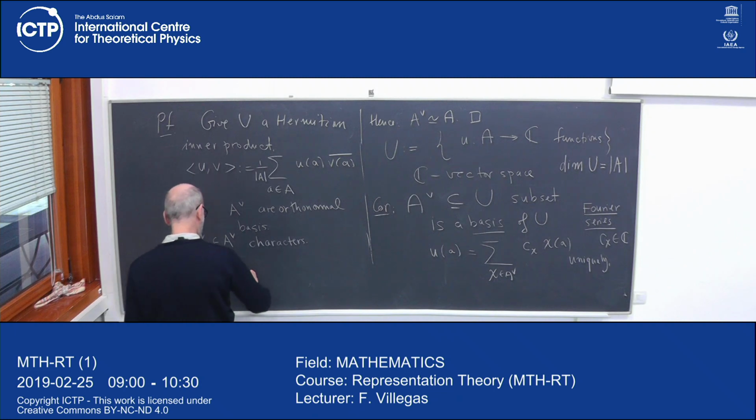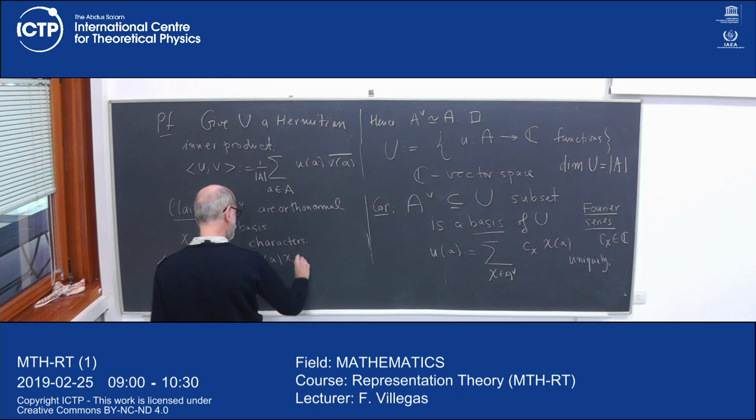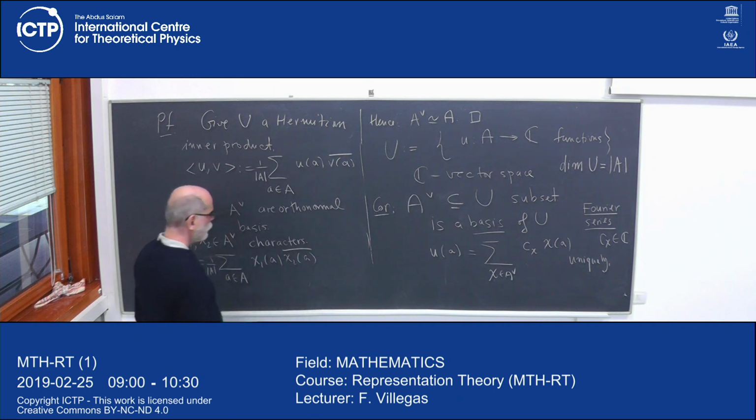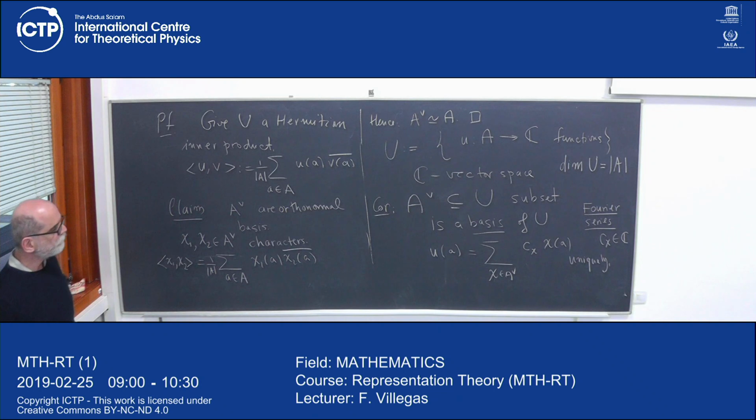So I sum over A. So what can I say about chi2 bar? It is also a character. In fact, which character?